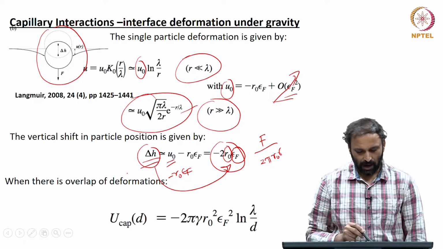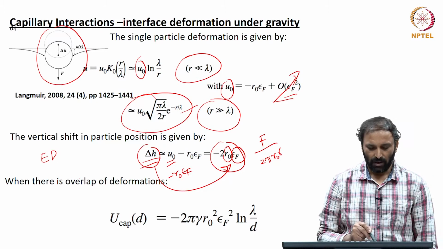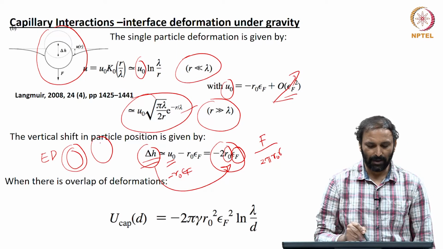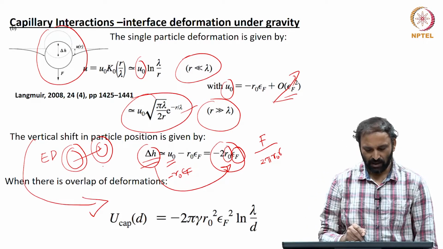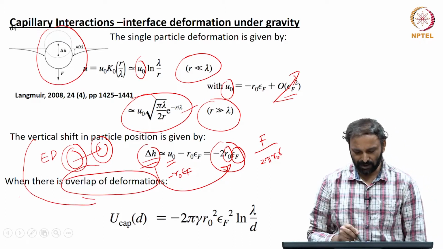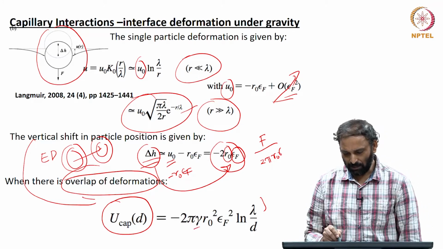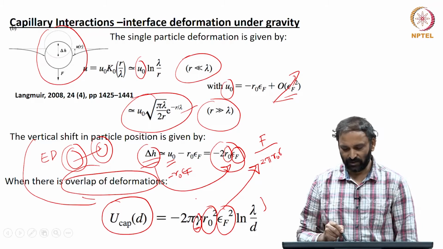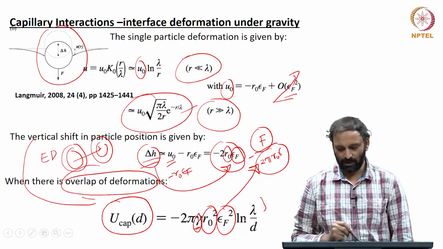And similar to the fact that the electrical double layer interactions originate when the electrical double layers between two adjacent particles overlap, it is when there is an overlap of the interface deformation that the capillary interactions come into the picture, and u capillary goes as minus 2 pi gamma, where gamma is the interfacial tension, r naught squared, where r naught is the radius of the contact line, epsilon f squared, which is the non-dimensional quantity that we define, the ratio of the gravitational force to the surface tension force, times ln of lambda divided by d.